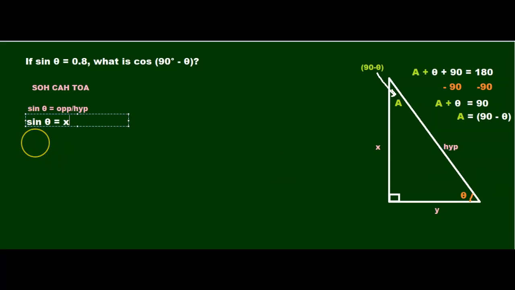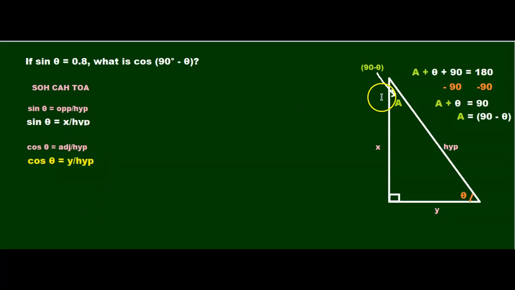So it's x over your hypotenuse. What about your cosine theta? Cosine theta is adjacent over hypotenuse. So what's your cosine theta in this case? Cosine is your adjacent, which is y over hypotenuse.